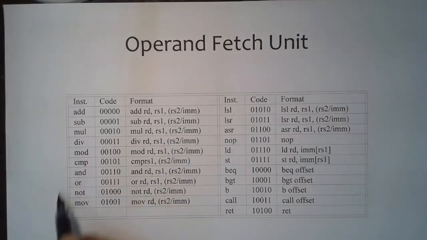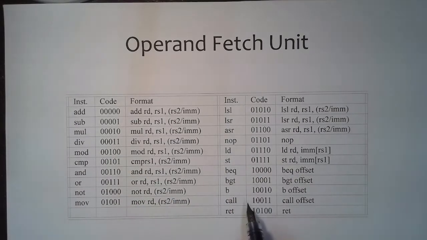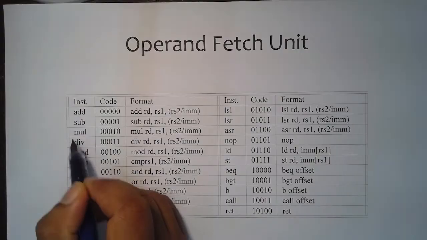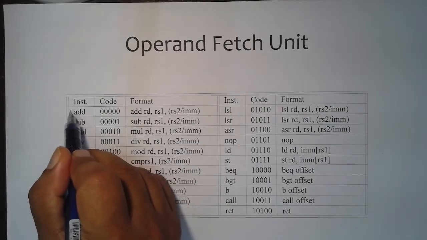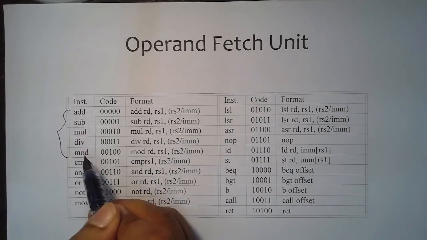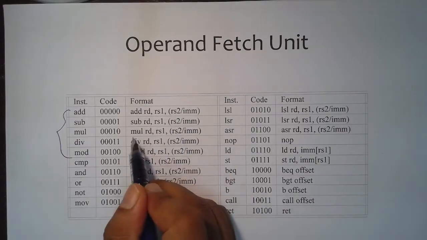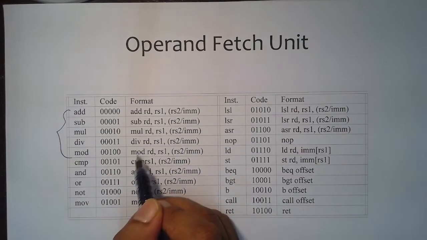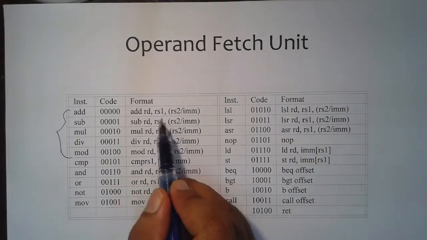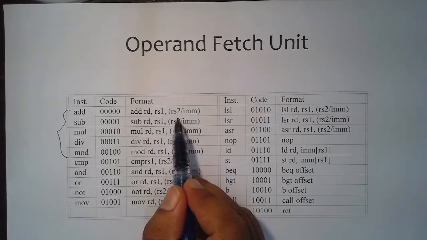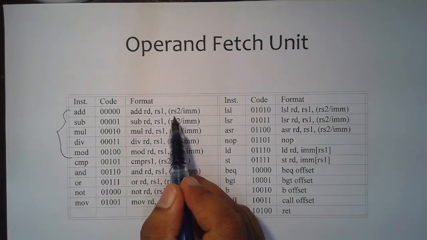There are 21 instructions. There are these arithmetic instructions like add to mod, where you have a very similar pattern. All the instructions have a destination register and two sources. One is a source register, another can be a source register or an immediate value.